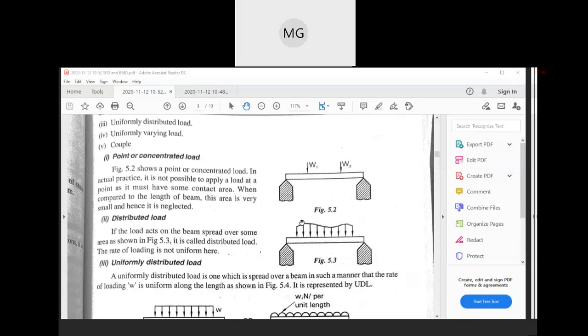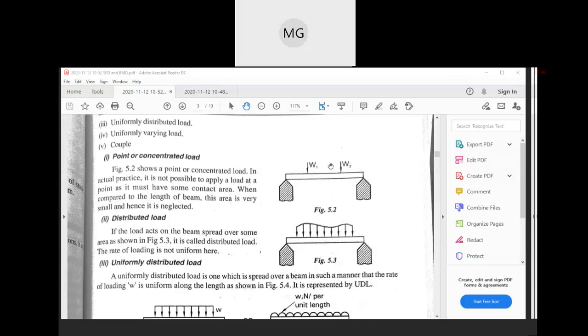Now this is the way it is acting. With respect to the left hand we analyze, the algebraic sum of all these forces to the right side is called the shear force. If you are analyzing from the right hand, the algebraic sum of the forces acting on the left is called shear force.